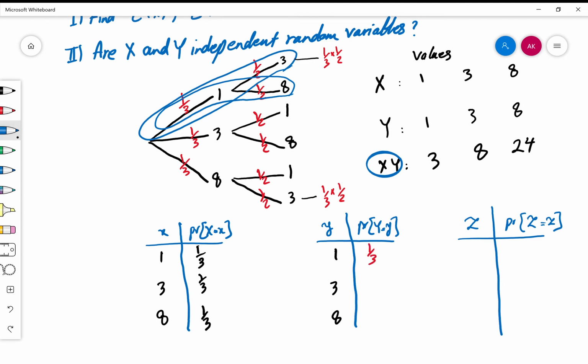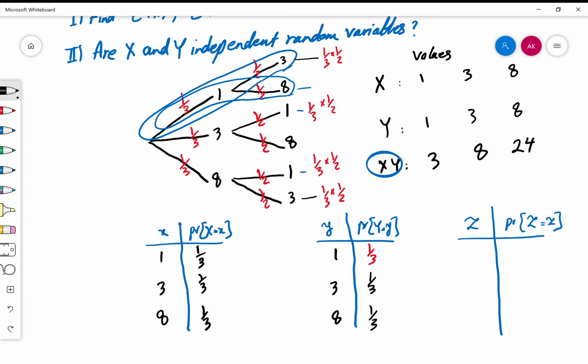Same for 1: 1 over 3 times 1 over 2 is 1 over 6, plus another 1 over 6, and you get 1 over 3. So basically all three values are 1 over 3, 1 over 3, 1 over 3.